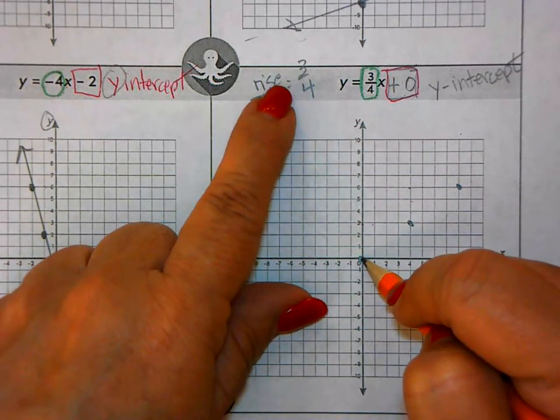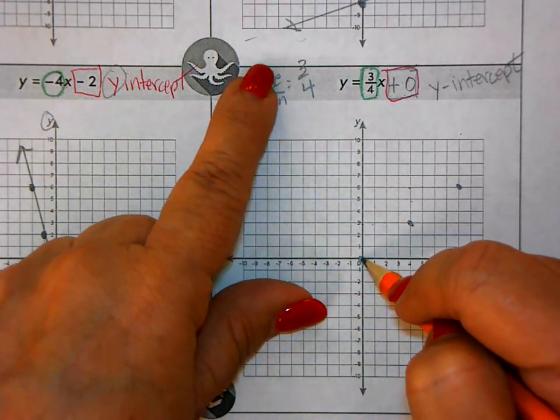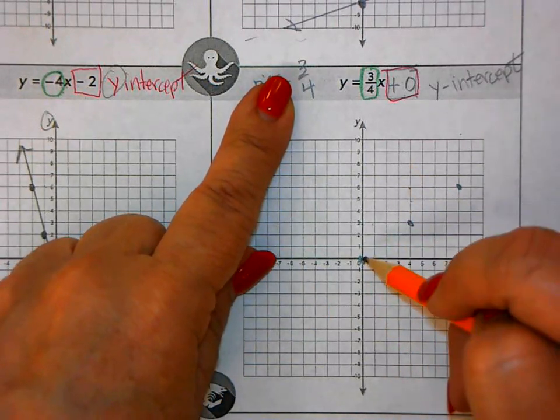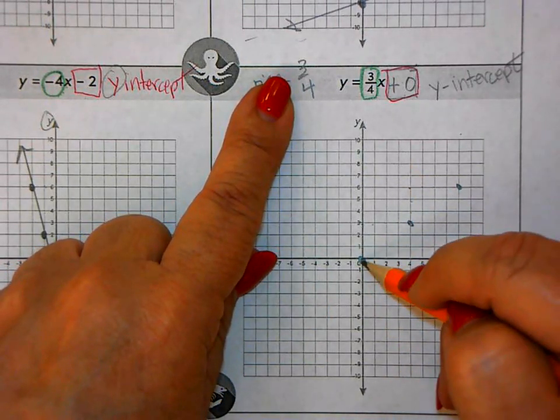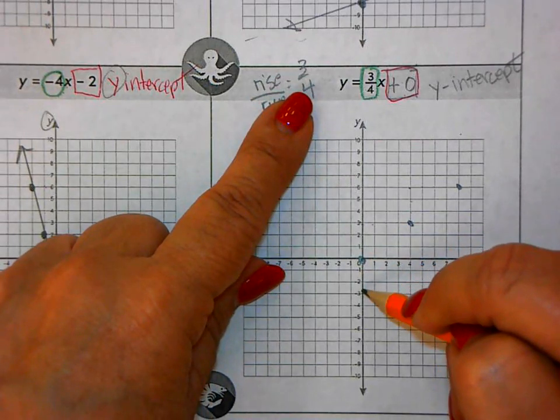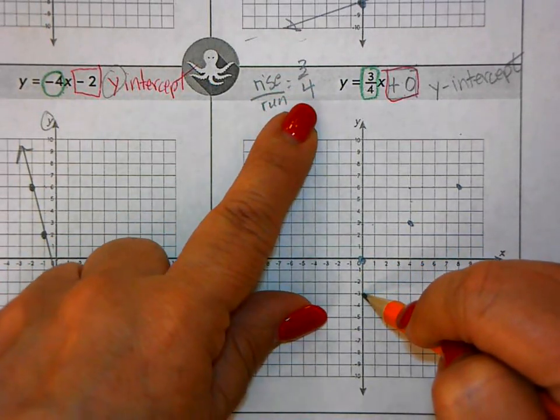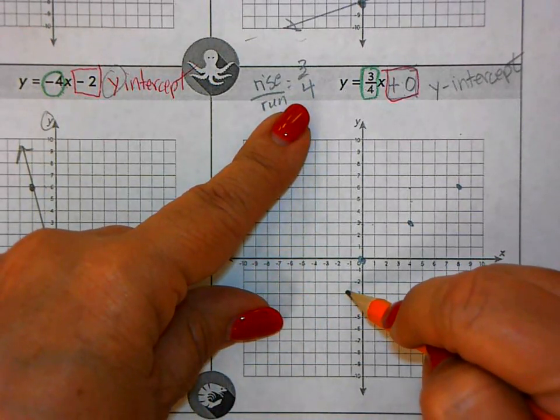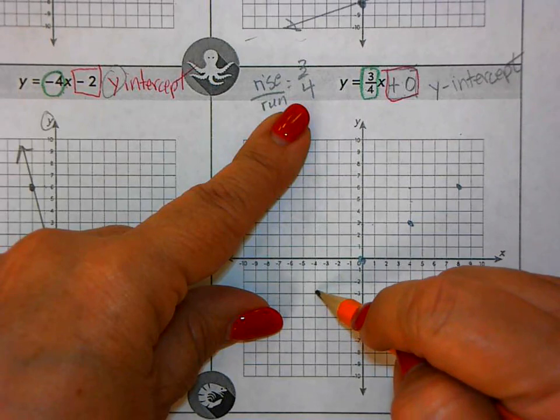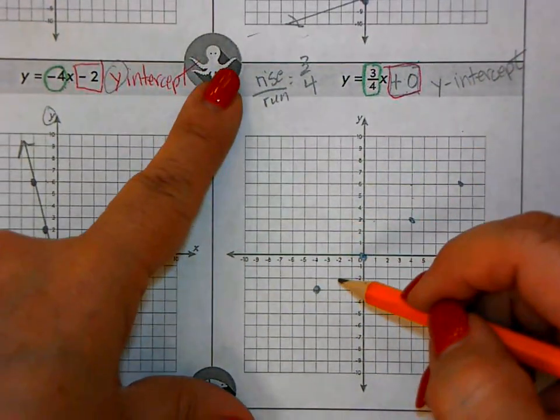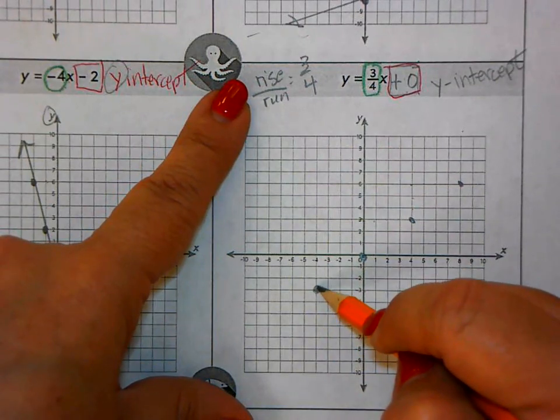I'm going to do a rise. I'm doing the opposite now. So instead of a +3, I'm going to do a -3. I have a rise of -3, 1, 2, 3. And my +4, I'm going to have a run of -4, 1, 2, 3, 4. Let's just say I wanted to add one more point to this.